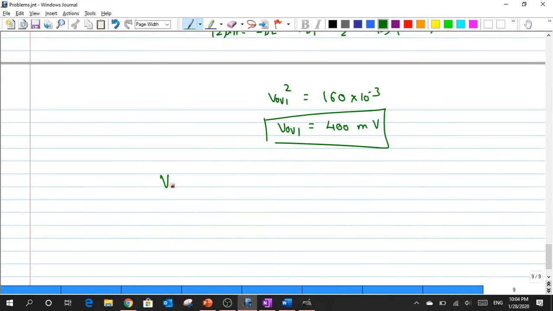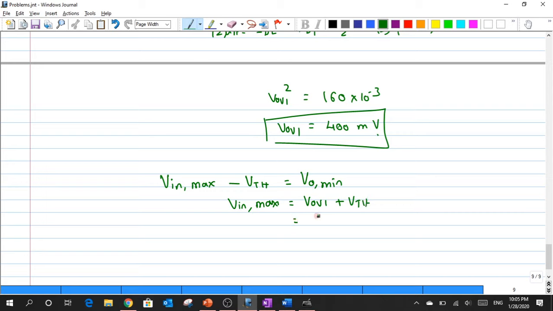So I have this Vin max, which is nothing but VGS minus VTH, supposed to be equal to my VO minimum. And the value of the VO minimum is basically nothing but my VOV1 that we computed here. I just translate this VTH over to the right side in order to compute my Vin max.